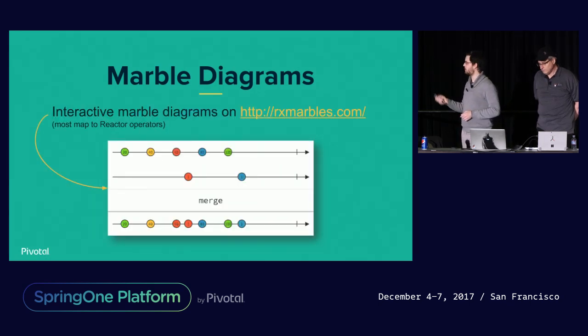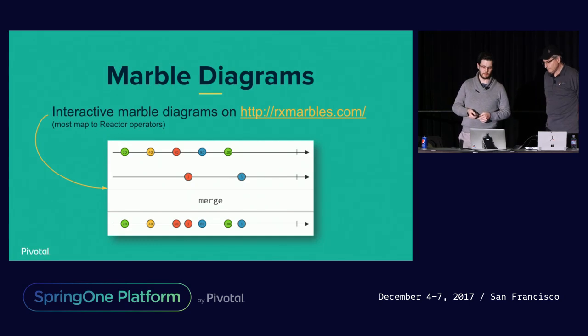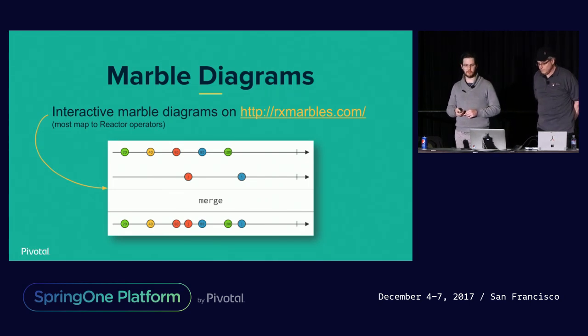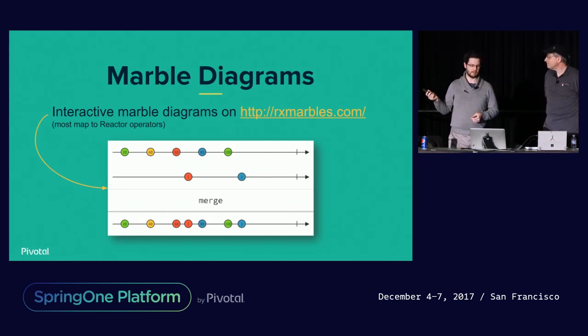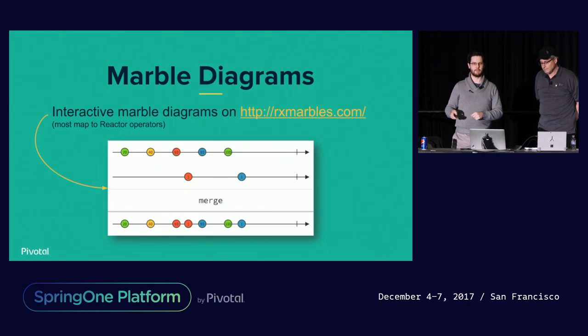Interestingly, there is a site called rxmarbles.com, which is more for RxJS operators, but there's a lot of common names and common concepts. So you can go to that site, and it will give you interactive marble diagrams you can play with and move the source elements around and see how it impacts the resulting sequence.